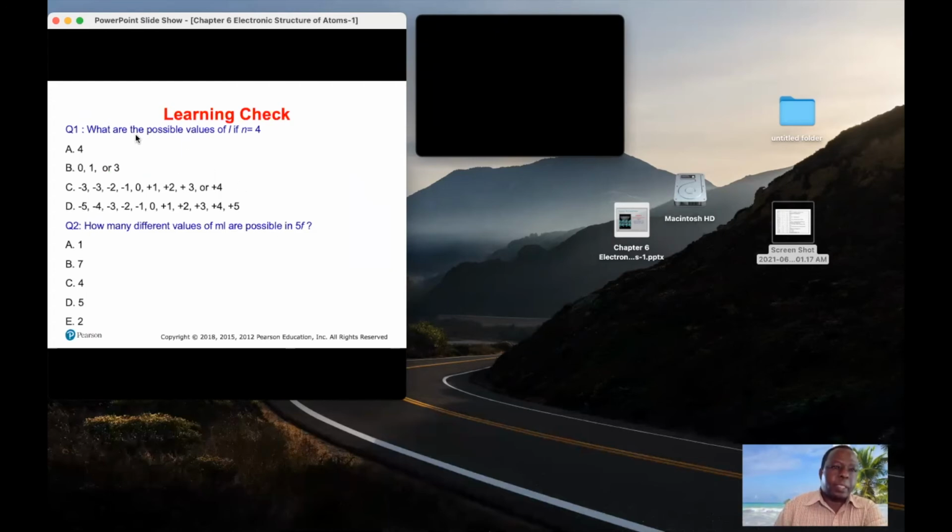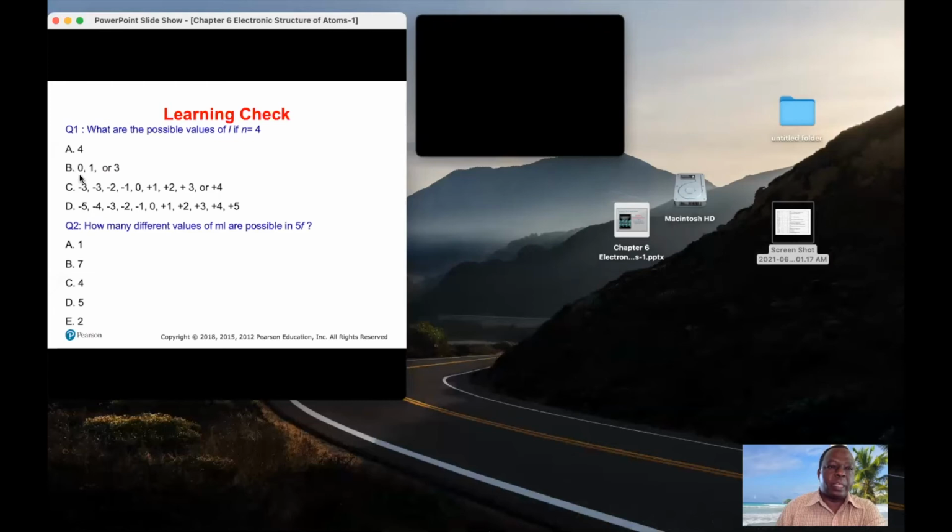For quantum numbers, if you are given a question, what are the possible values for L if N is equal to 4? In this case, you need to know that the angular momentum takes values from 0 all the way to N minus 1.